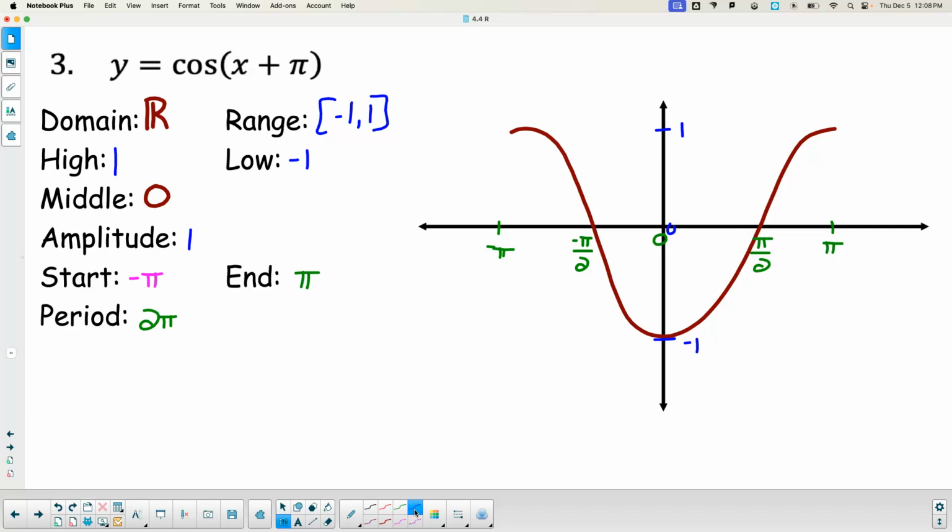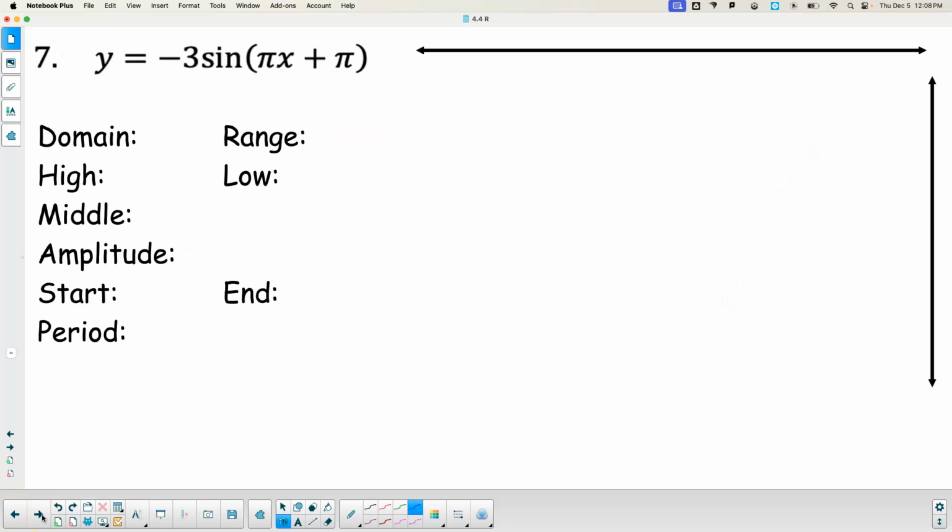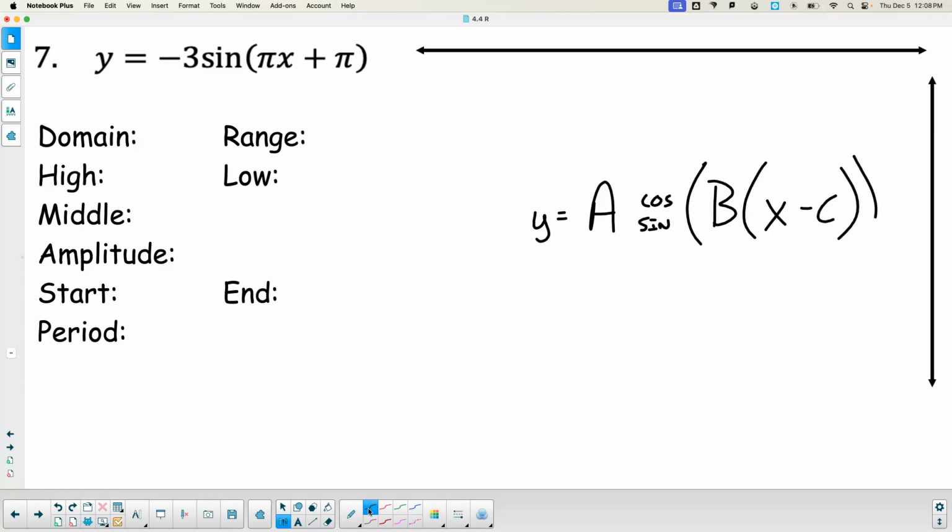Now, we're going to go through this next one with you. Okay? Because you got to pay attention to what it says. Remember that our basic parent, whatever you want to call it, is y equals, sorry, I lost my voice there, either cosine or sine, and then we've got b, then we've got x minus c plus d.